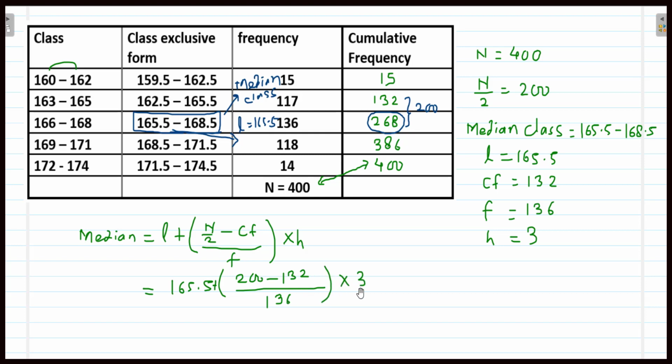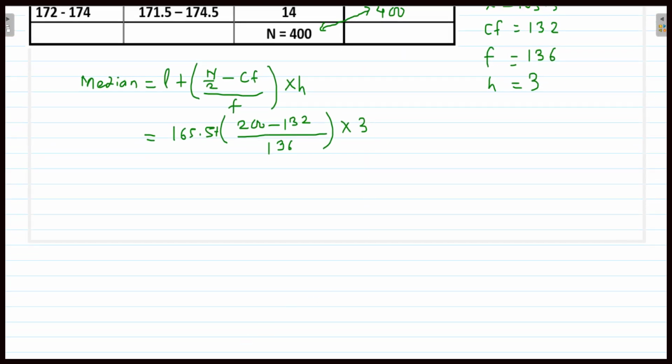So let us solve this further. We will get 165.5 plus into bracket 200 minus 132, that is 68, multiplied by 3 divided by 136. Now what we do, we first solve this part to the decimal form and then add it to this 165.5.